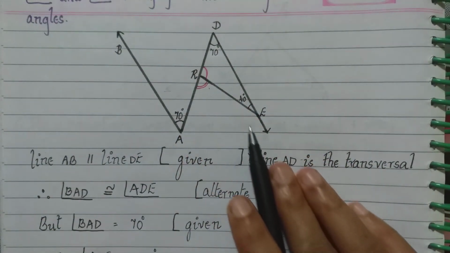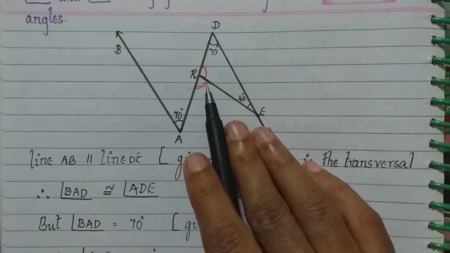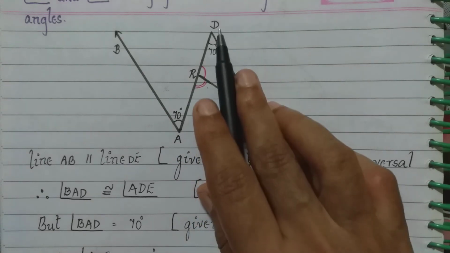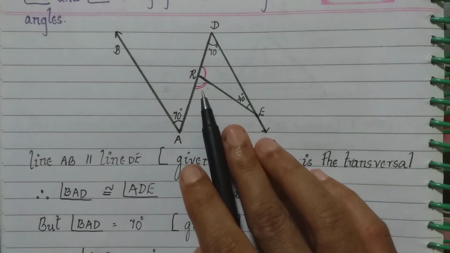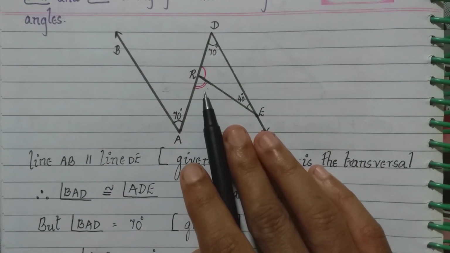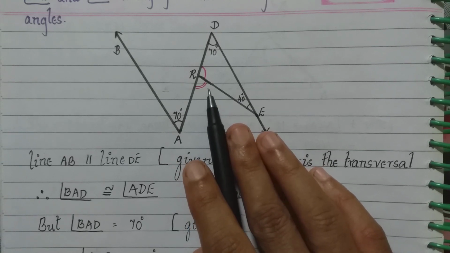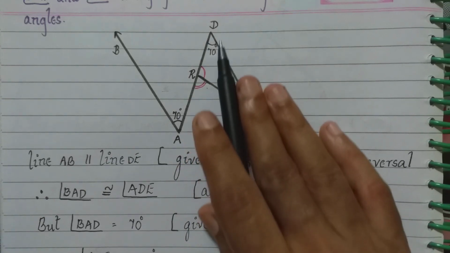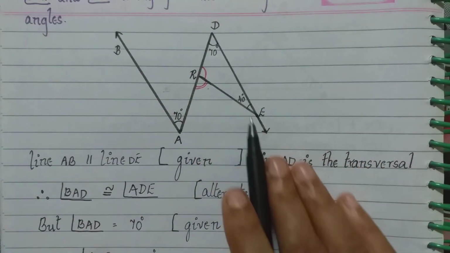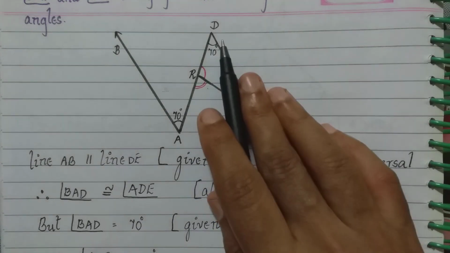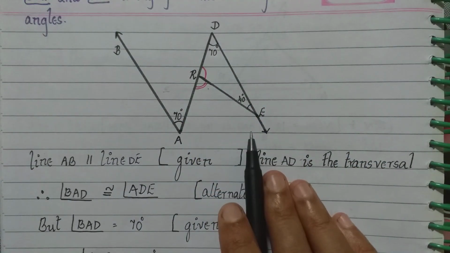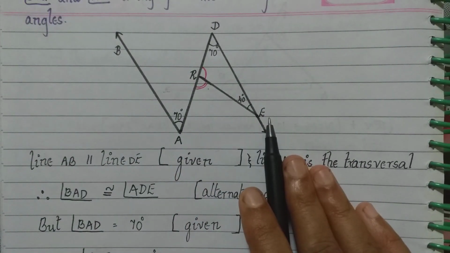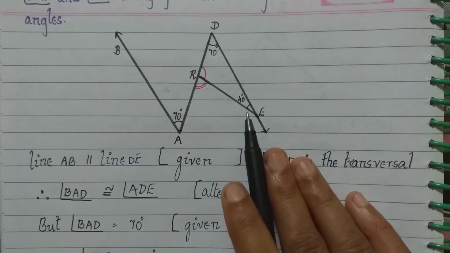So, if ARE, which I have marked with the double line, is the exterior angle of this triangle DRE, we have learnt the exterior angle property at the beginning of this chapter, that the measure of the exterior angle of a triangle is equal to the sum of the remote interior angles, and we have the measure of the remote interior angles here as 70 degrees and 40 degrees. Therefore, angle ARE will be 70 degrees plus 40 degrees.